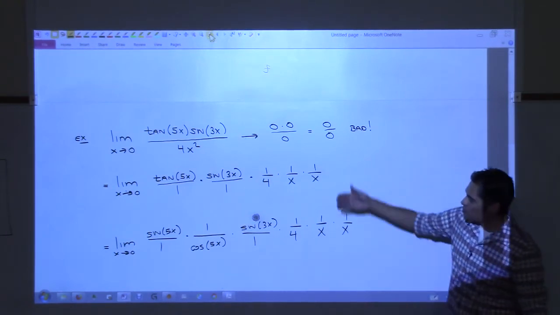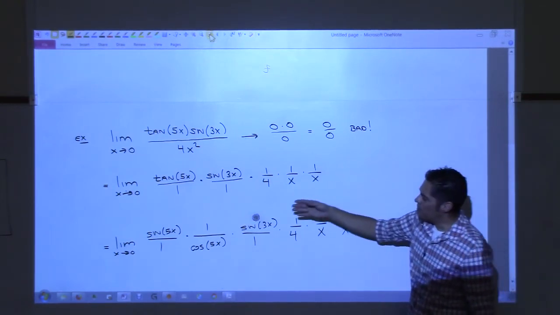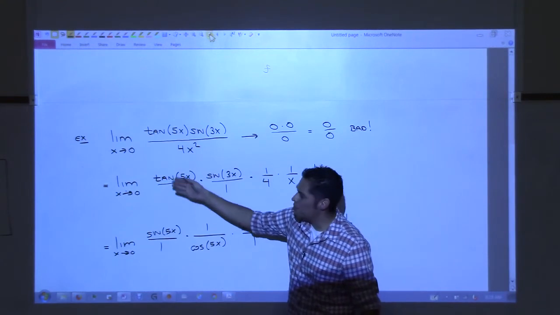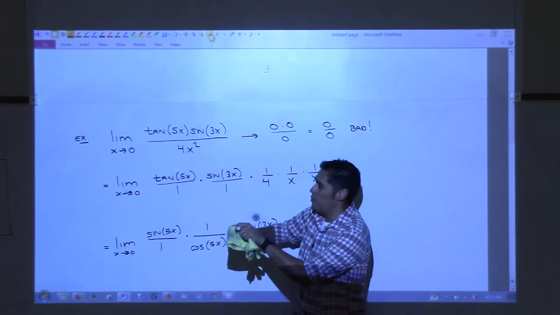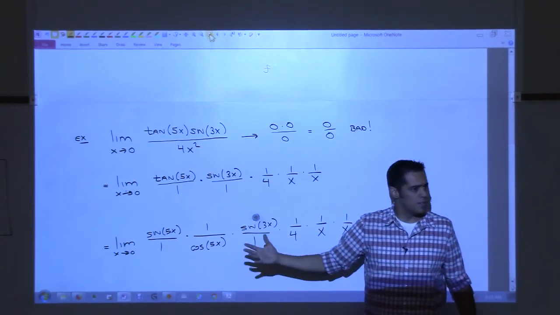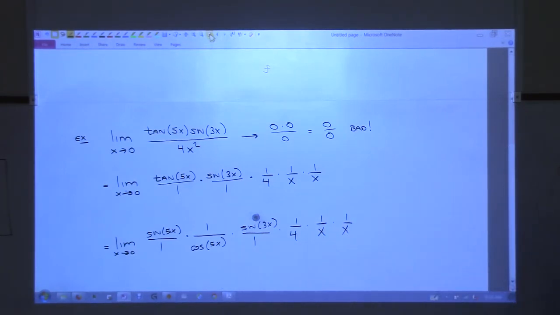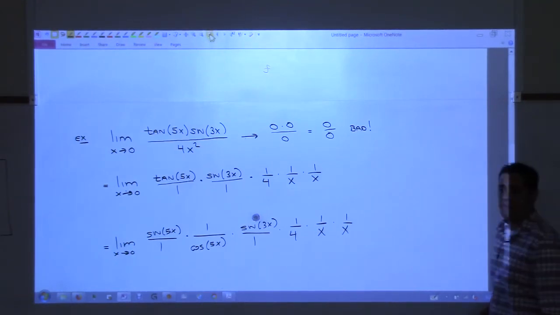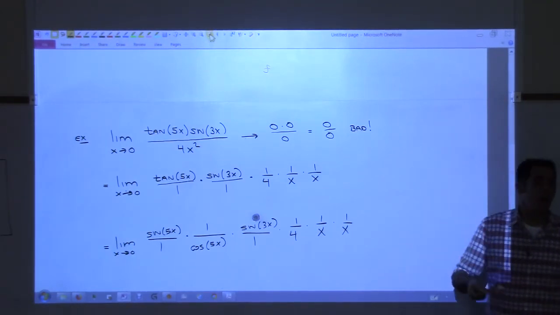It's the same expression, except instead of writing tangent 5x, I wrote sine over cosine, but then I pulled those two apart. Does everyone see that it's just the same problem? Okay, now let's identify where we're having a problem.